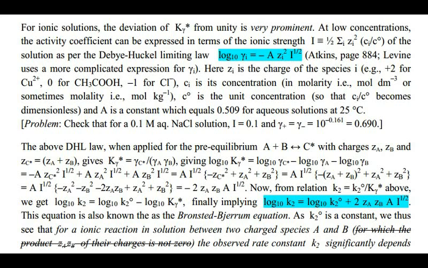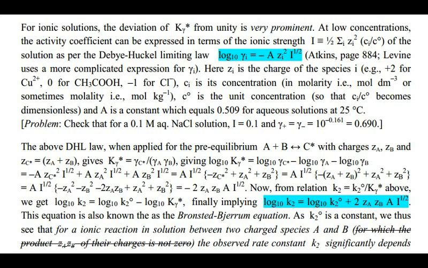Now apply this Debye-Hückel limiting law to the pre-equilibrium, A plus B in equilibrium with C star. The charges of A, B and C star are ZA, ZB and ZC star. ZC star is equal to ZA plus ZB, because the activated complex will have all the charges of the two reacting substances.